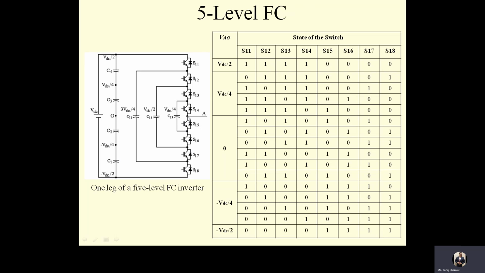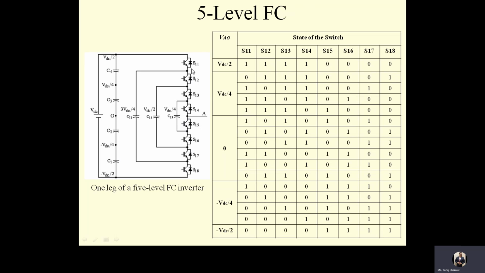When I am moving from A point, I will observe that S14 is short and S15 is open. So move from S14 to S13, then to S12. Now I am at point S12.